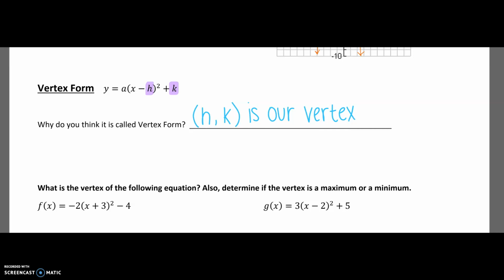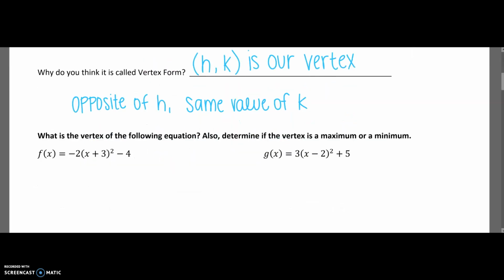Something that I want to point out is that we're going to use the opposite of h and the same value of k.